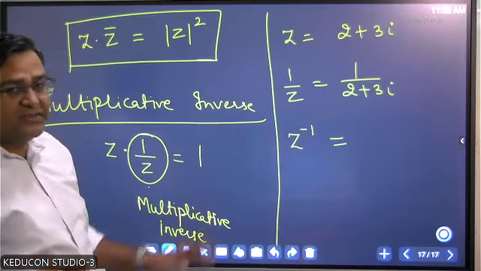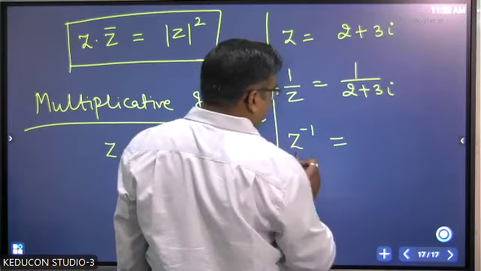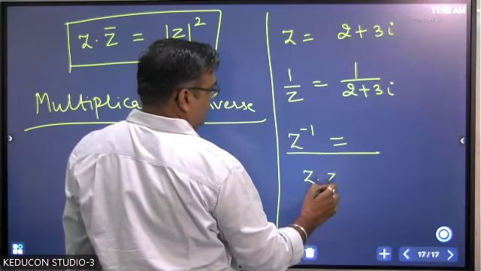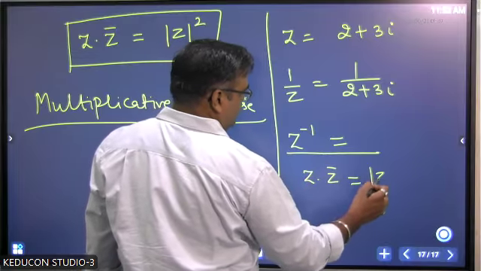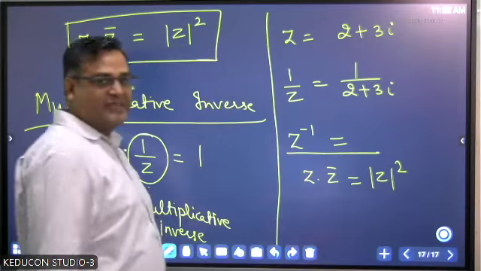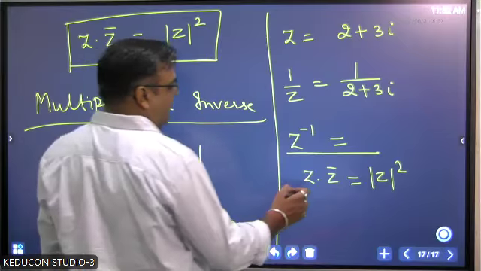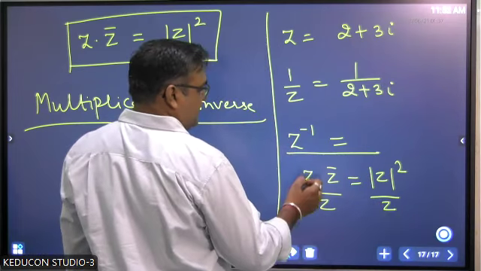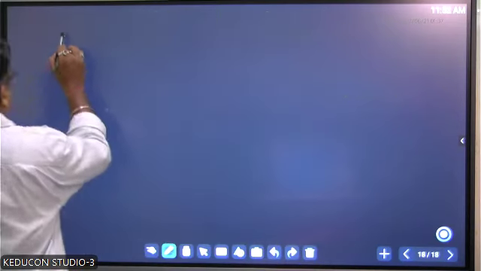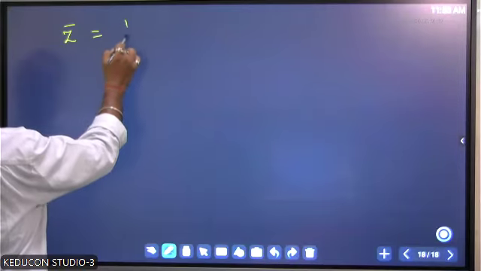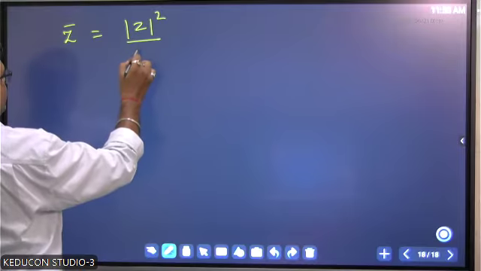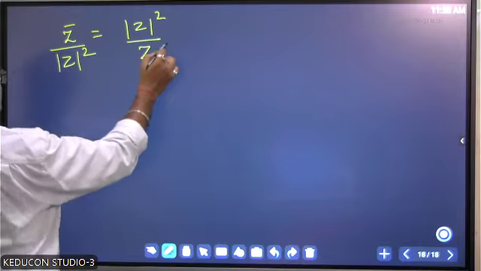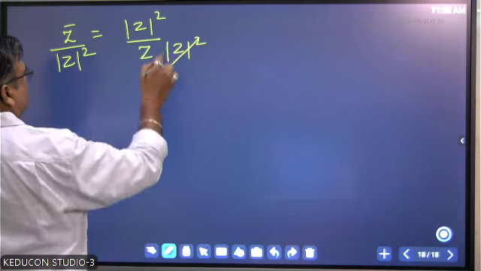This is 1 upon z, and another way to write this is, students, we have this result: z into z bar is equal to mod z square. If you divide both sides by z, this z will be cancelled out. If you divide both sides by modulus square, this will be cut down.